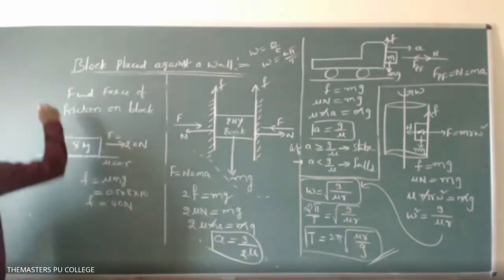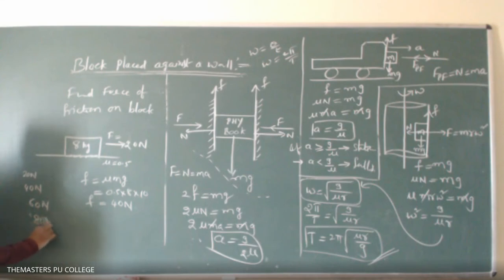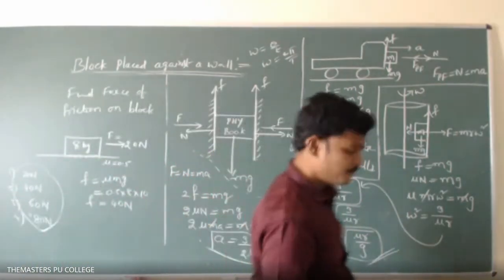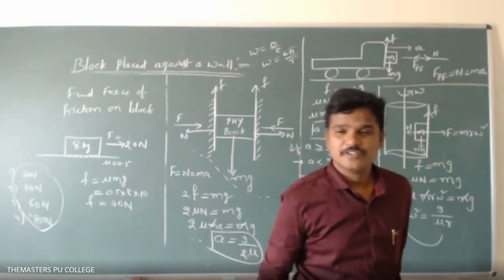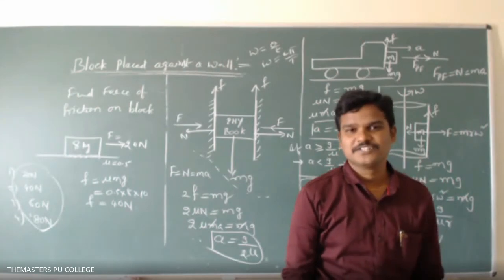20. If they give options like 20 Newton, 40 Newton, 60 Newton, 80 Newton, tell me which option is correct. 20 Newton. Very good, excellent. 20 Newton is the correct answer. Don't expect 40 Newton. 40 Newton is the maximum frictional force, but how much did you apply?